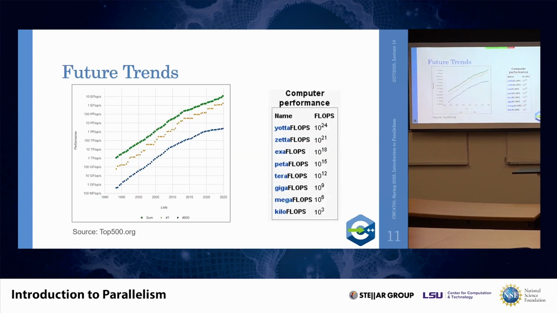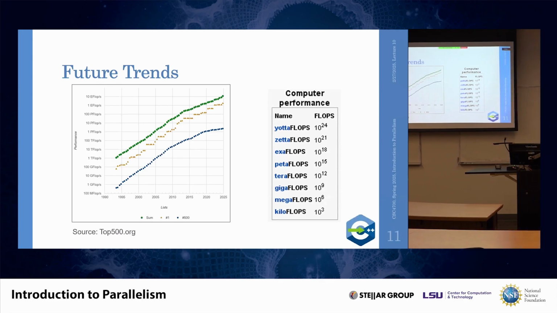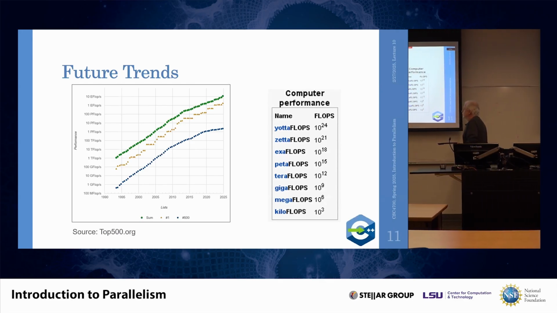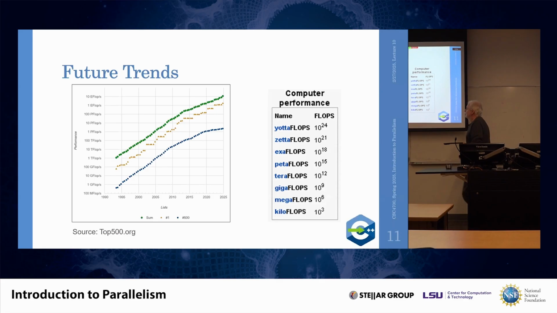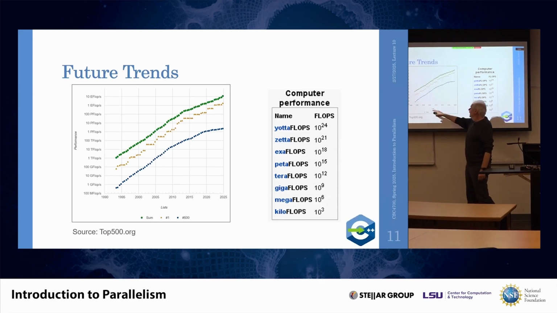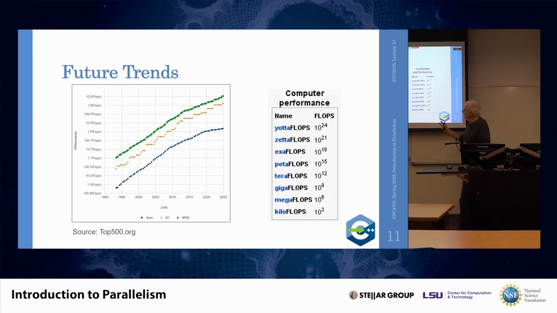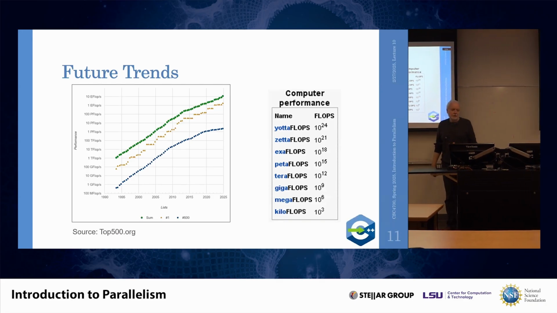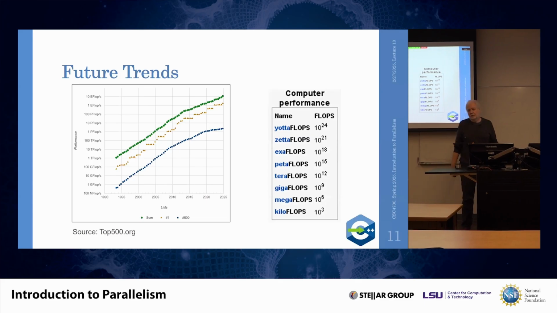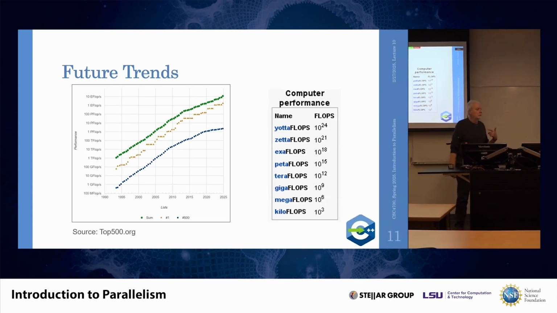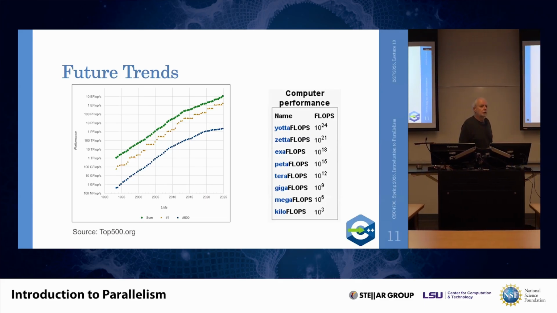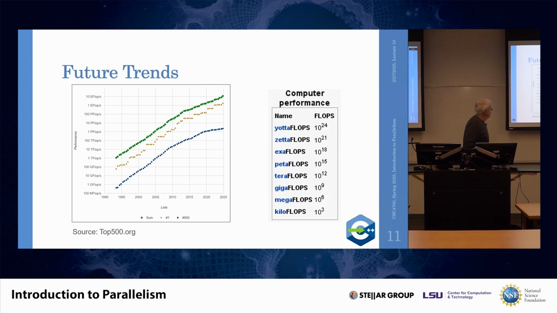This is a graph that shows you the current leadership machines, how they have evolved over the years from the mid-1990s to today. The data is taken from a website that collects the performance information about the 500 largest machines we have worldwide, top 500.